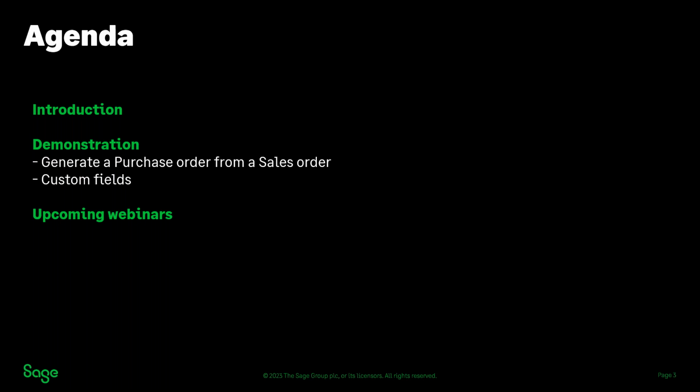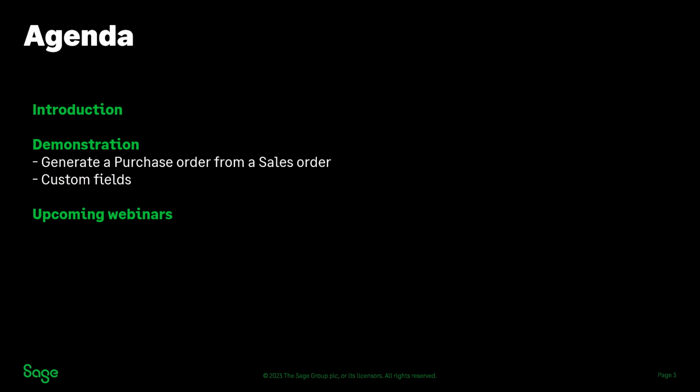I'm also going to show you how to customize your fields in your purchase orders, which can also be applied to your sales orders and your invoices, so you can add custom analysis fields to those. Then towards the end of the session, I'll talk about the upcoming webinar that we've got coming up as well.